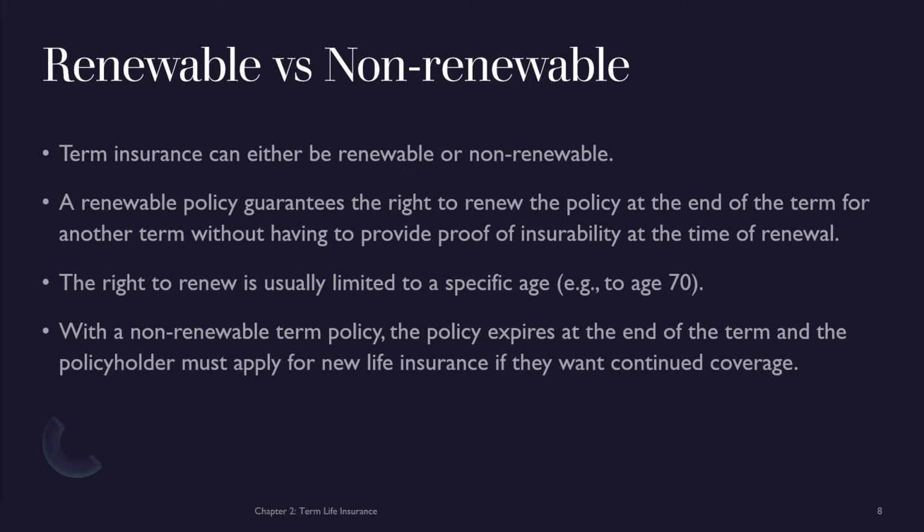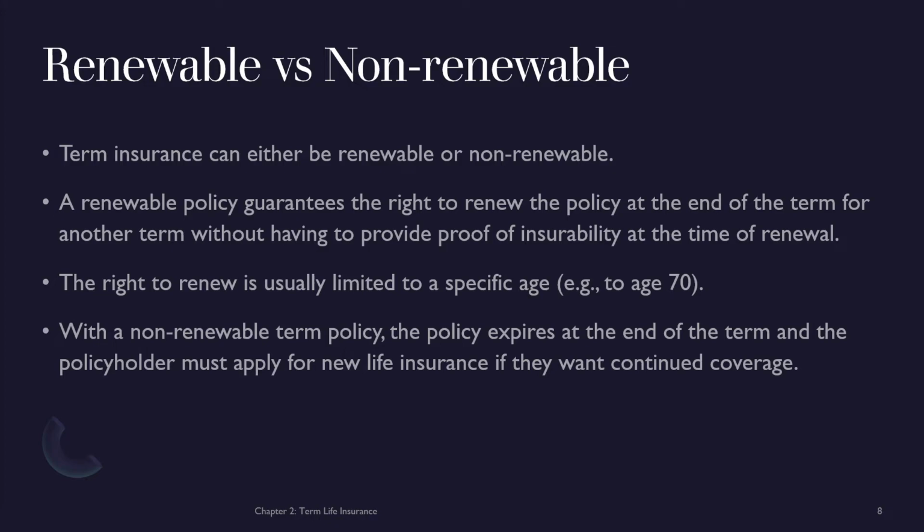So this can be really helpful, especially if the life insured, for example, gets diagnosed with a critical illness during the final years of the term policy, because once that policy does expire, because of their critical illness, they may not be able to get another insurance policy. So their best option may be just to renew the policy that they do have.